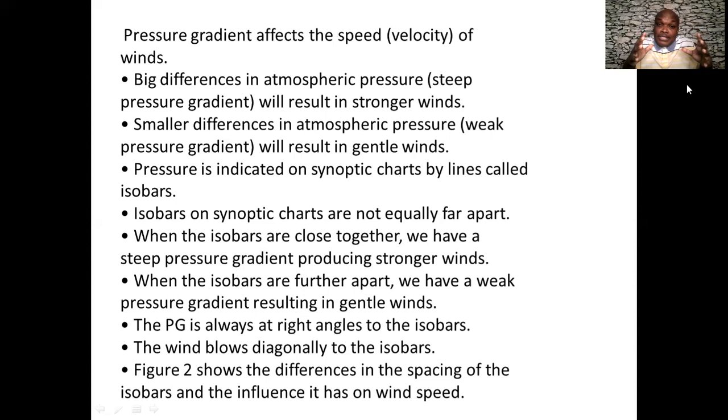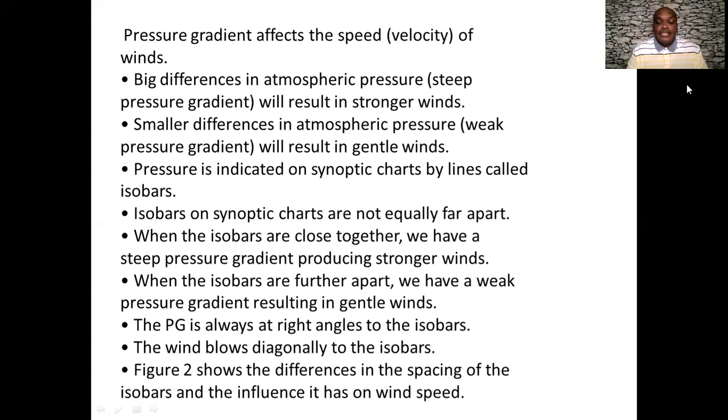Then when the isobars are far apart, we are going to have a weak pressure gradient, and a weak pressure gradient results in gentle winds. Then the pressure gradient is always at right angles to the isobars. And then the wind blows diagonally to the isobars.